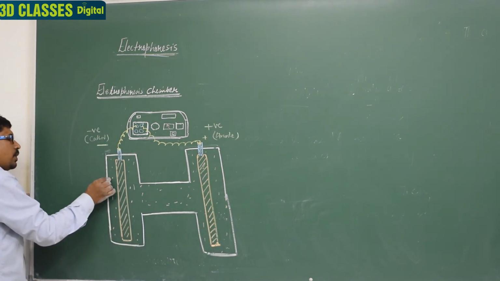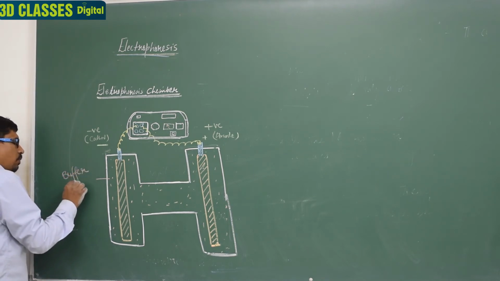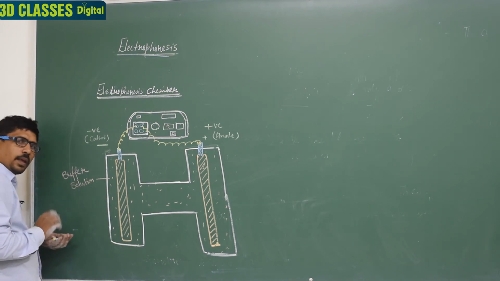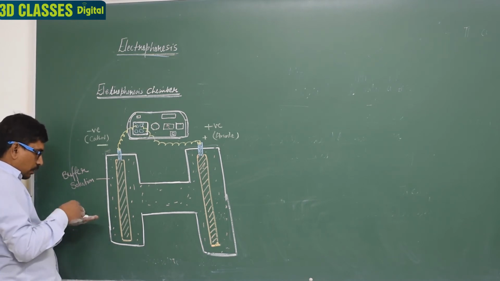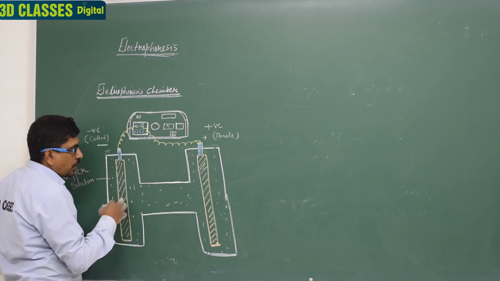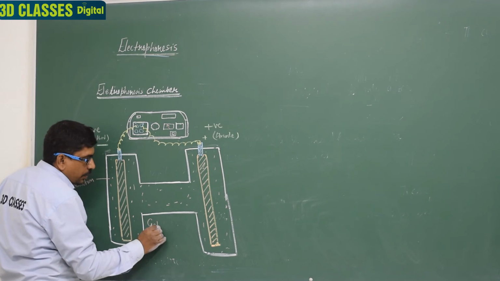This chamber is filled with the solution known as the buffer solution. Generally it is a TAE buffer, but we can say buffer solution. Clear? Okay. And in this condition, a portion is present in the center position between both the positive and negative electrodes. That is known as the gel chamber.